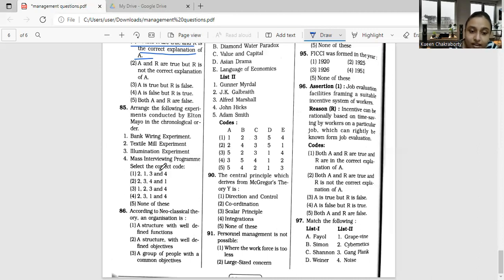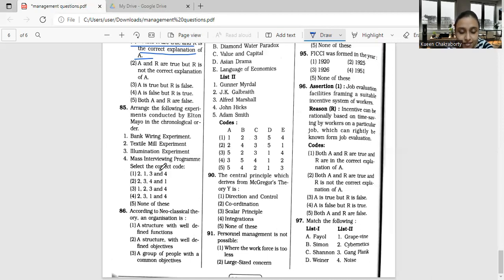Later on, he started the illumination experiment. Then he started the relay assembly test room experiment, from the year 1927 to 1928. Then he started the mass interviewing program, 1928 to 1930. Then lastly, the bank wiring observation room experiment, from 1931 up till 1932.